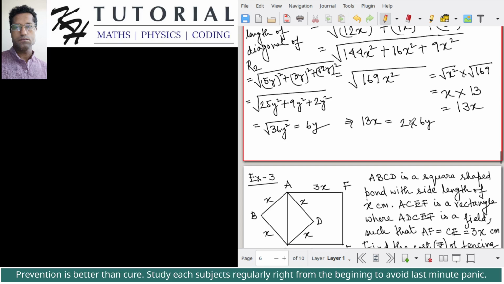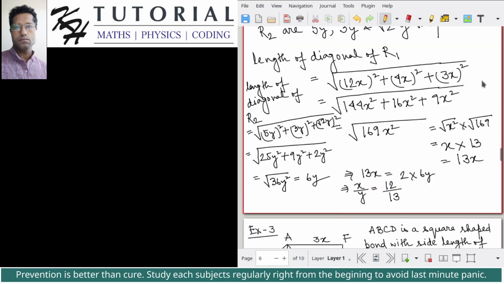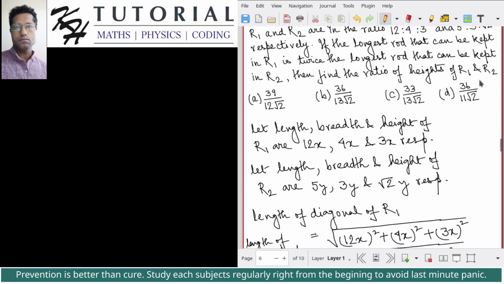So we have 13x equals 2 times 6y. From here we can see that x by y is equal to 12 by 13. Okay, so now what will be the ratio of the heights of R1 and R2?